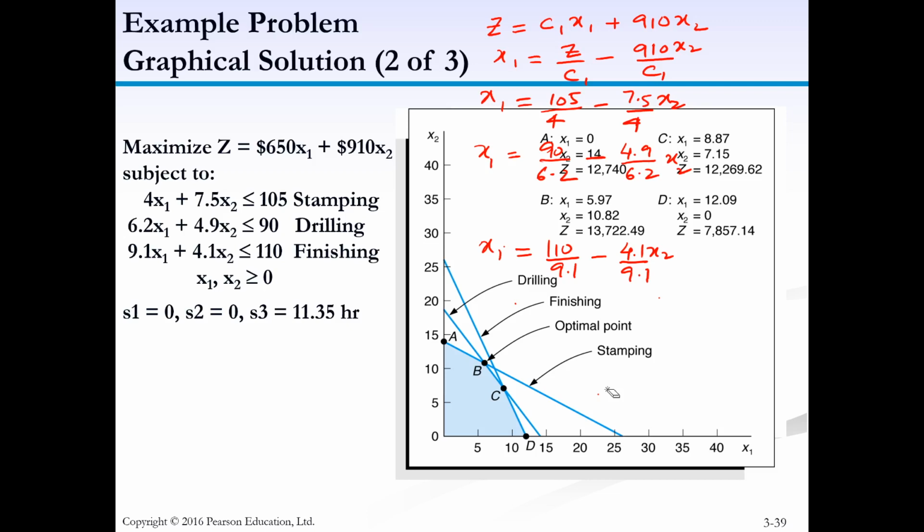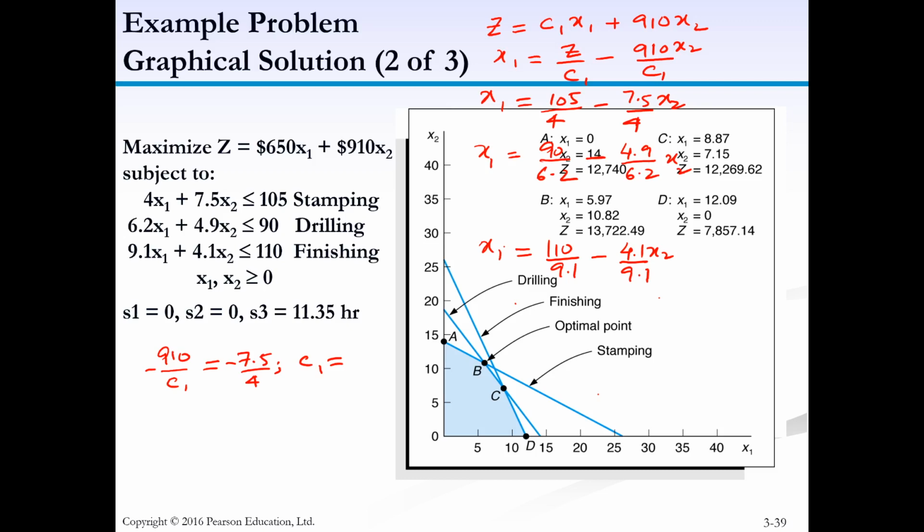So we have here 910 over C1 equal to 7.5 over 4. So what we get is C1 is equal to, and I will use my calculator.